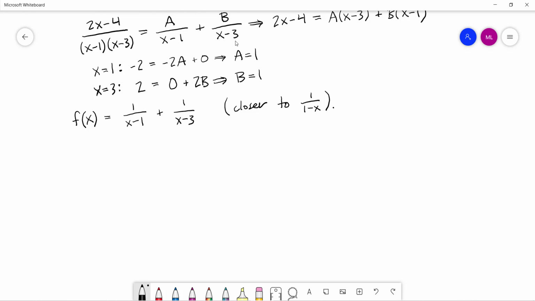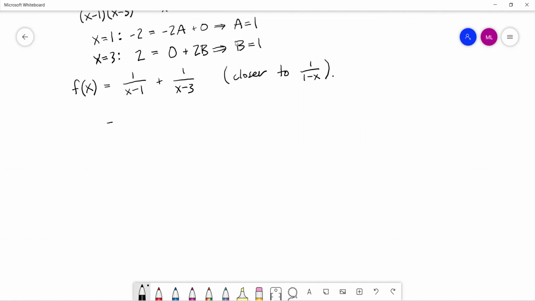Okay, so looking at this first term, if I want to rewrite this one, I can just swap the order of these terms and maybe factor out a negative sign. Maybe that would be the easiest thing to do, is factor out a negative 1. So I could write this as a negative 1 over 1 minus x.